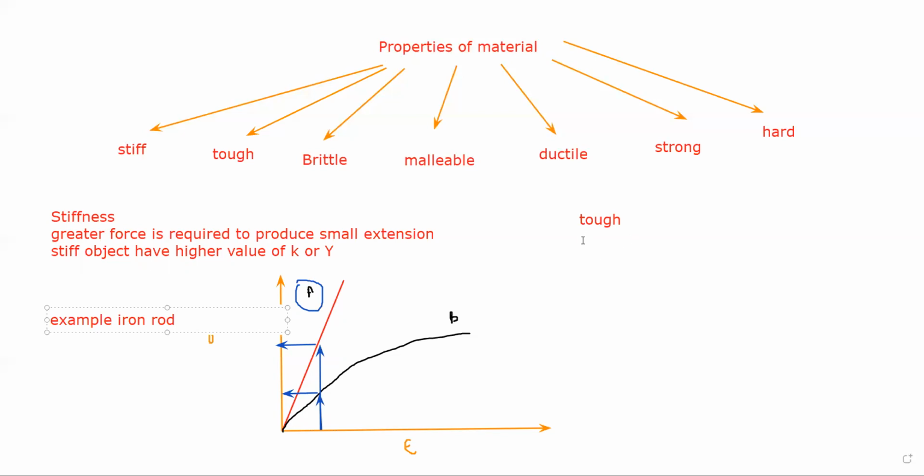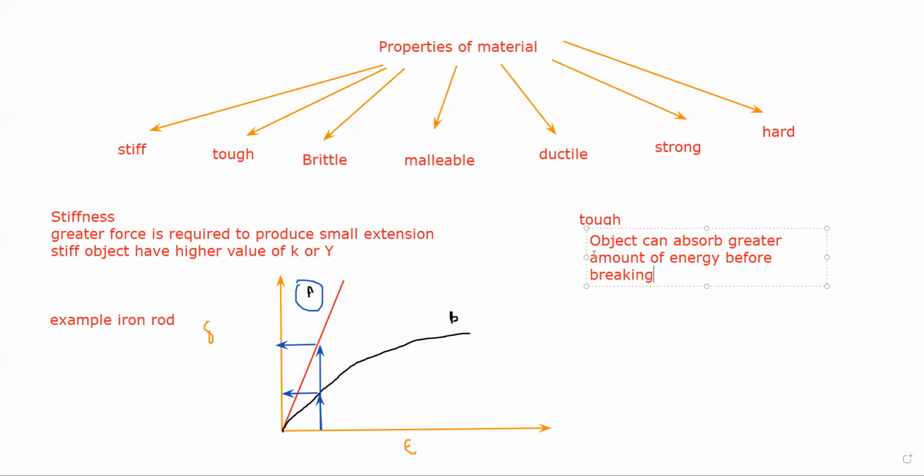Tough material means the object can absorb a greater amount of energy before breaking.